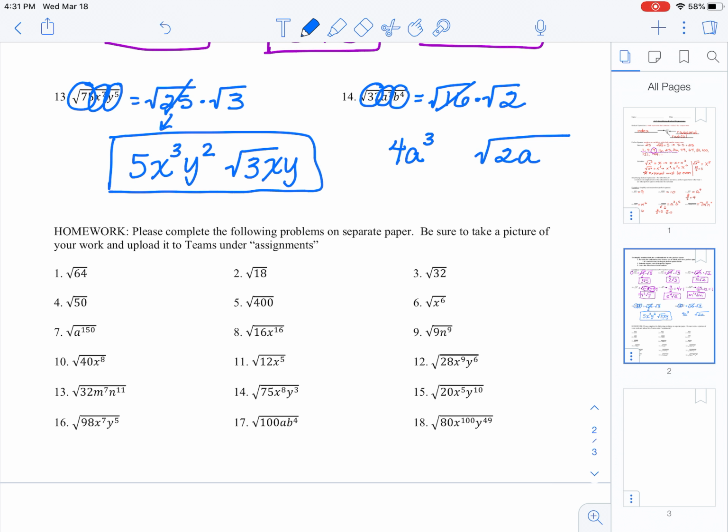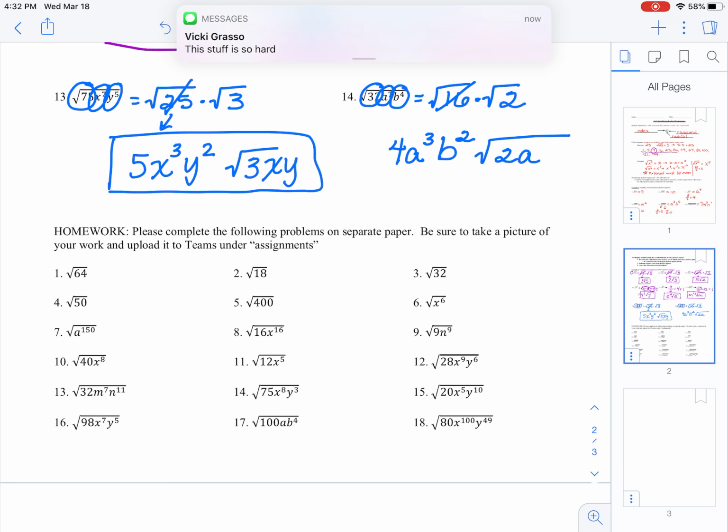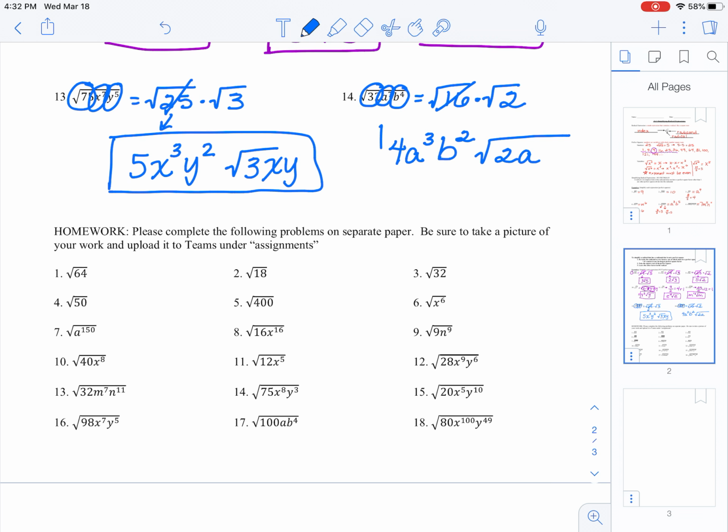For the b's, b to the 4th power is a perfect square. If I take the exponent of 4 and divide it by 2, I get 2. So I have b to the 2nd power, no leftovers. So this is going to be my final answer.